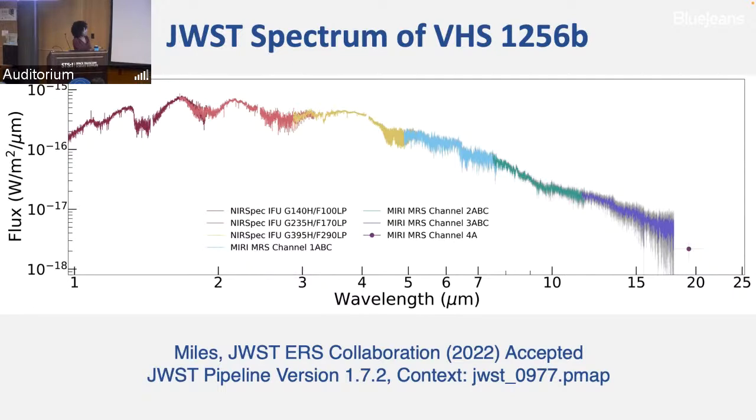Channel 4 was very hard to get a signal from, so we compiled that into a single photometry point for this plot. This research was accepted about a week ago, and I'm listing the JWST pipeline and CRDS context because our data reduction is public, and I would like people to revisit these when we actually get NIRSpec flux calibrations that are sponsored by the team.